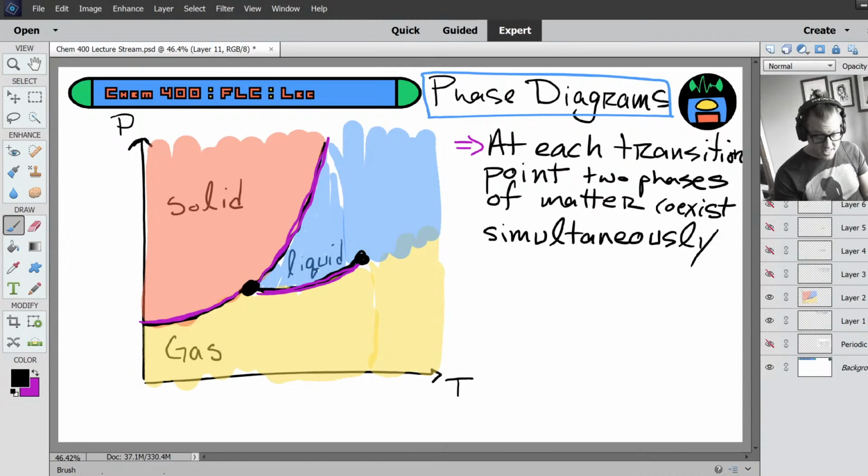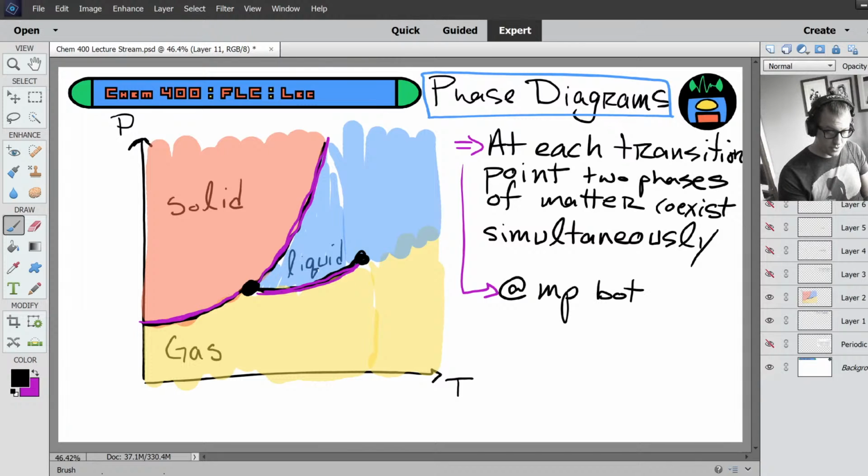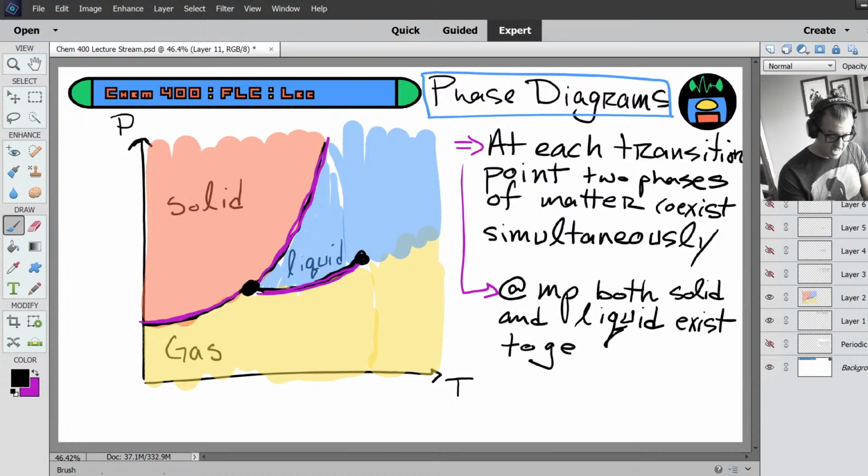All right, what this means is at the melting point, for example, both solid and liquid exist together.